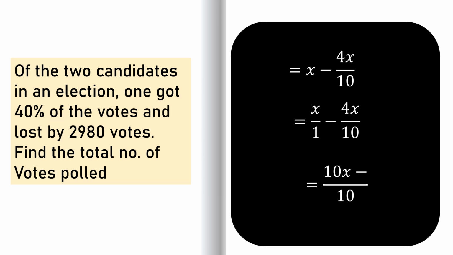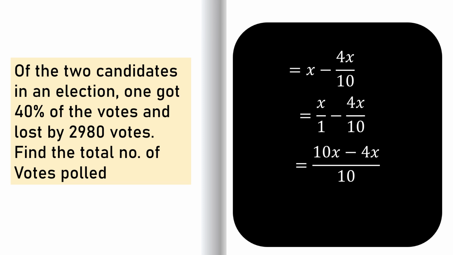Minus 10 times 1 is 10, and 1 times 4x is 4x, so we write minus 4x for the second expression. Subtract the numerators, we get 6x over 10.